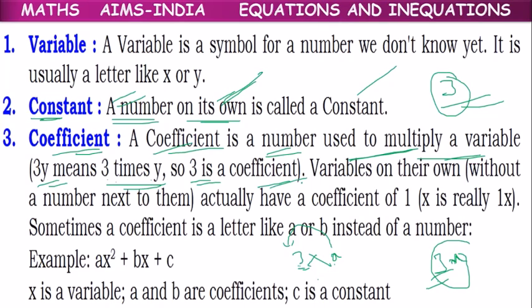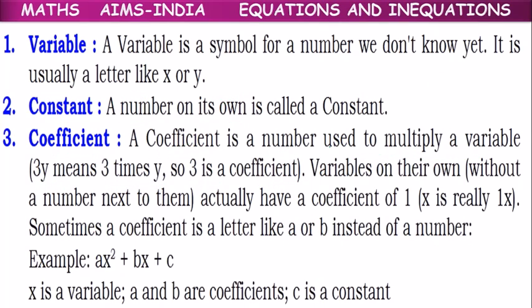Suppose we have a variable without a coefficient, with nothing in front. Then we can assume that there is 1. Variables on their own actually have a coefficient of 1.